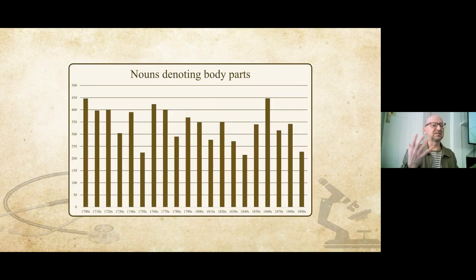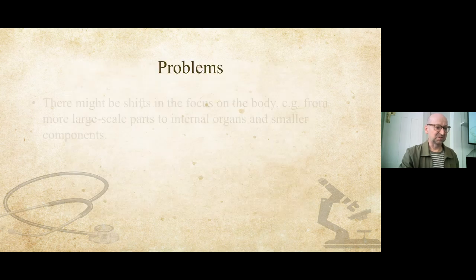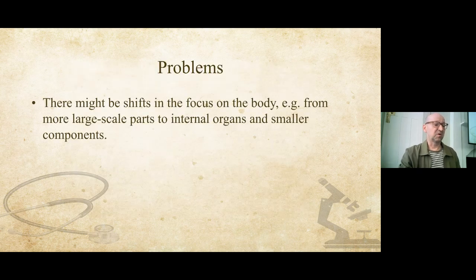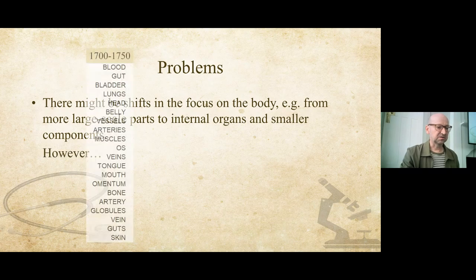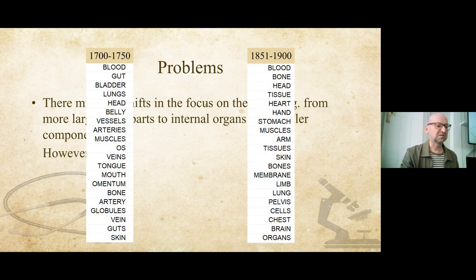There doesn't seem to be a clear development towards more focus on the body, or any less focus on it. Problems, of course: there might be shifts in focus on the body from large scale parts to internal organs, because I didn't look at the more qualitative aspects here. But if you look at the first few words, there seem to be certain tendencies, for example, gut not being used as a technical term, but otherwise it's not significant in this respect.